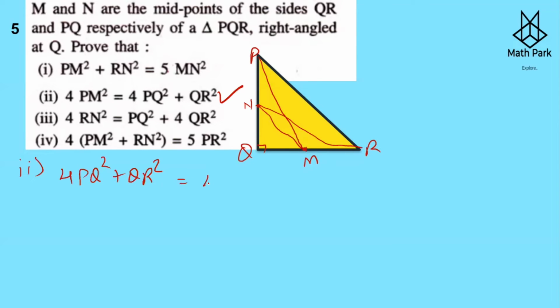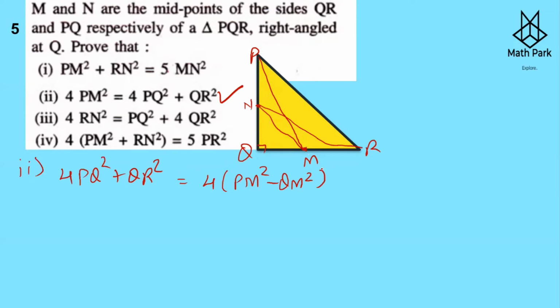So in 4PQ square, instead of PQ square, we can write PM square minus QM square. PM is the hypotenuse here, along with QM, so that is how you get PQ square is equal to PM square minus QM square.